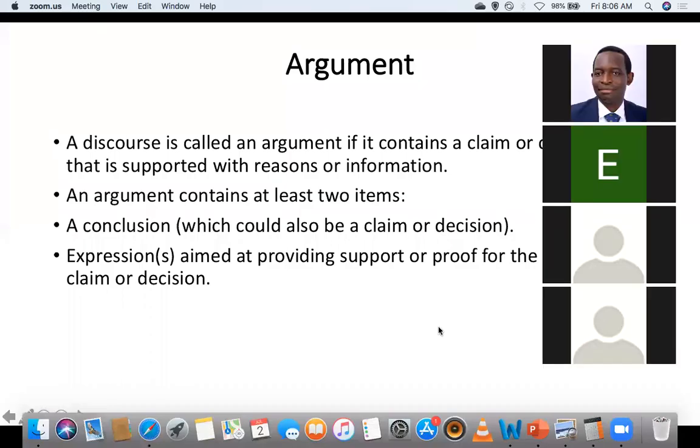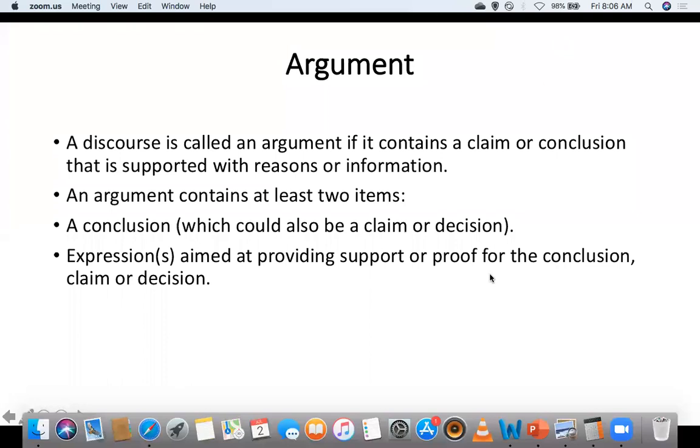If you have identified a conclusion, then the next thing is to find out if the conclusion has other sentences or expressions that are providing support for it.